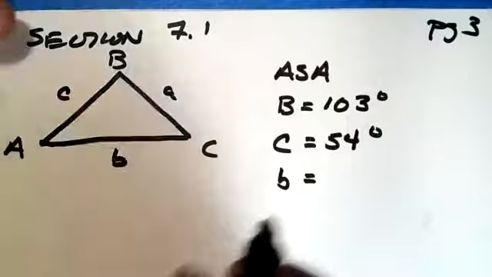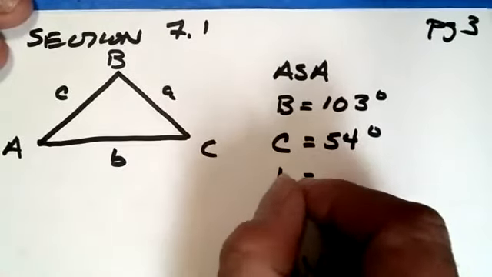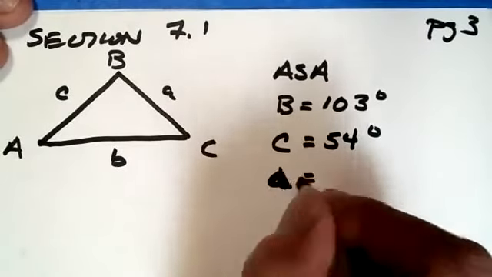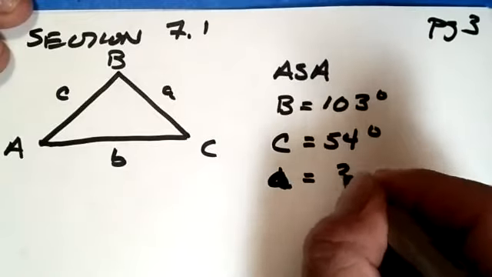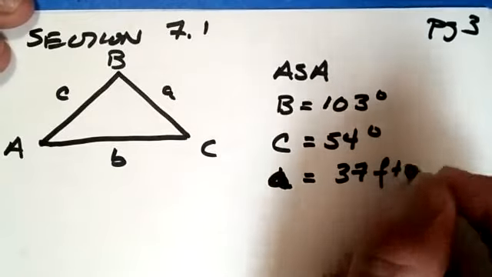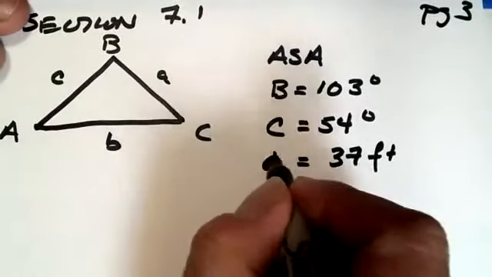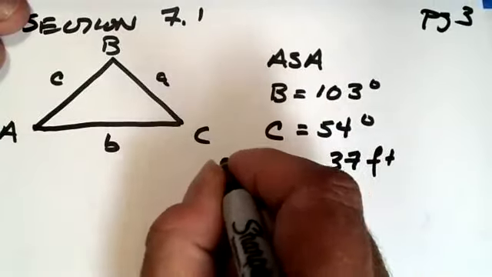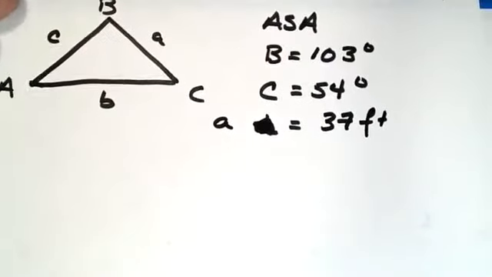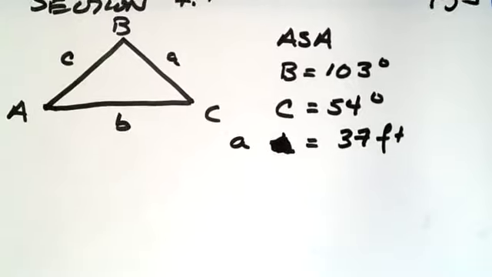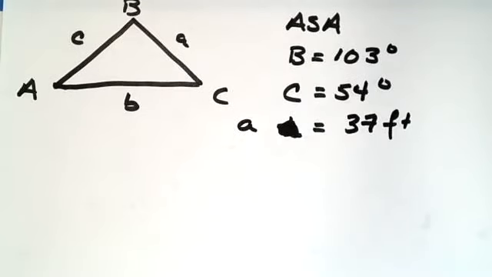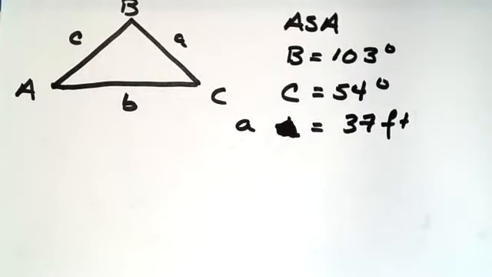Sorry, no, we're doing angle-side-angle. We need the included side. So little a is the one that we'll have. Let's make that equal to, let's say, 37 feet. So now I've actually added a unit. Go ahead and just mark that out so it's real clear what we're doing. a equals 37 feet. So just like before, we're going to calculate the third angle right off the bat.